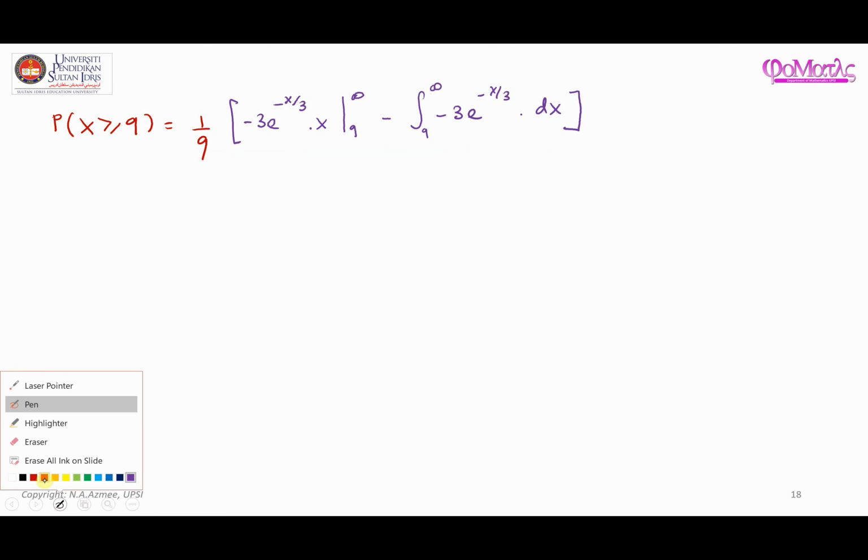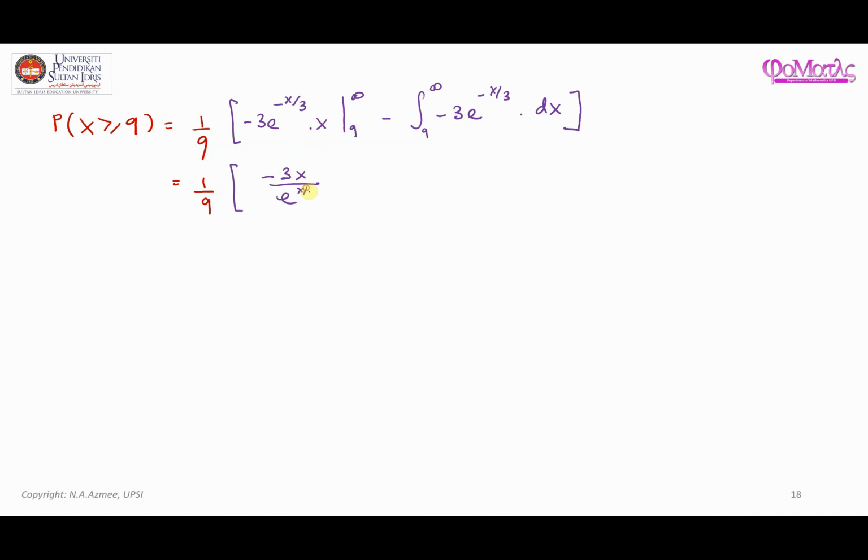Next, this part becomes 1 over 9, and we're going to simplify the process in that purple bracket here. This guy we can write as negative 3x e^(-x/3) evaluated from 9 to infinity. Negative, negative, positive, integral from 9 to infinity. 3 is a constant, you can put it out there, and here we have e^(-x/3) dx.